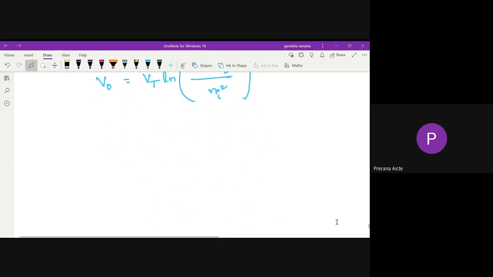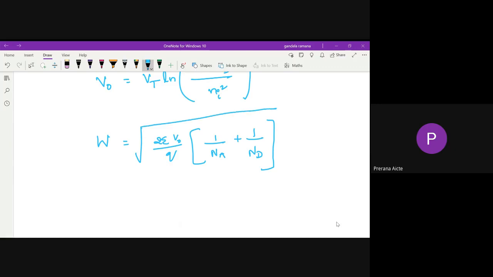So move on. What is the width formula? W is equal to square root of 2 epsilon V naught by Q, times 1 by Na plus 1 by Nd. Na is 2 orders higher than Nd. Na value is 5 into 10 power 18, Nd is 10 power 16 donor.